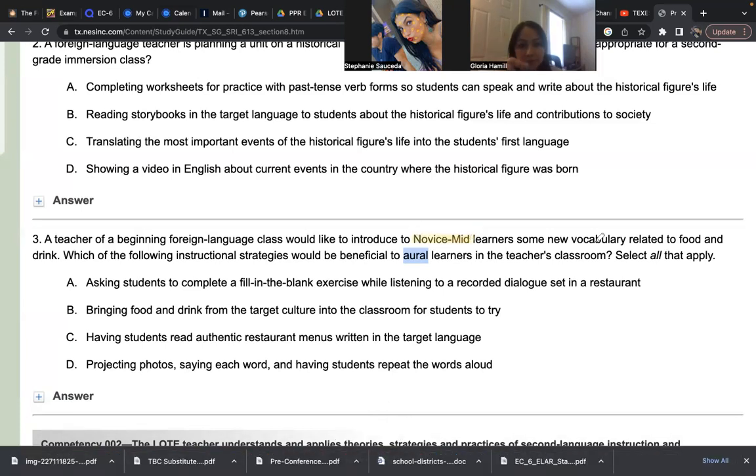It's more like speaking. Okay, so she's teaching beginning foreign language, right? And she wants to give them new vocabulary with food and drink, and we're looking for an instructional strategy that will be beneficial to oral learners.